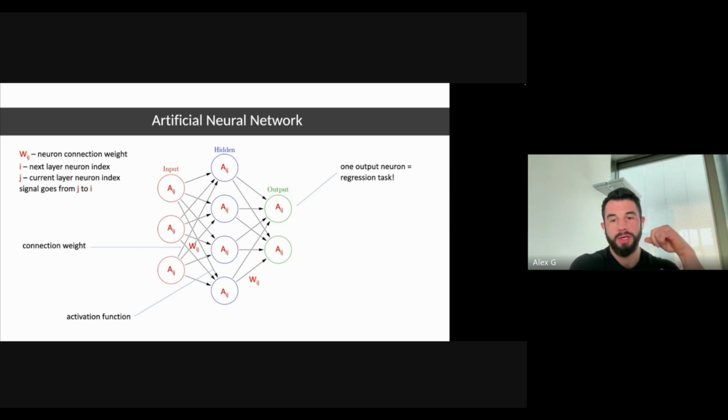Remember, in the previous lecture I told you that the neurons simulate neuron cell bodies, which collect all the excitation from surrounding cells of the previous layer, right? And then they make a decision: should they pass this excitation to the next neuron or not?